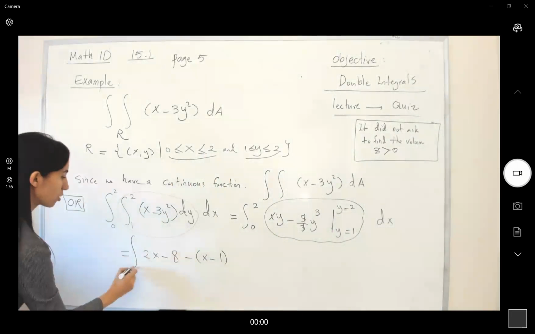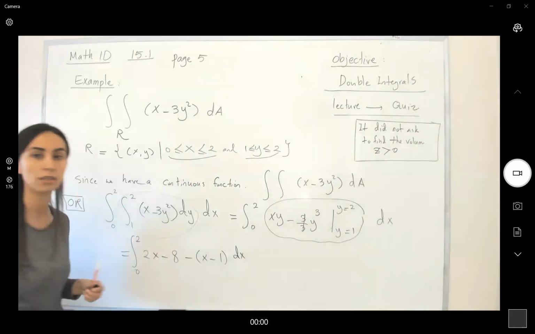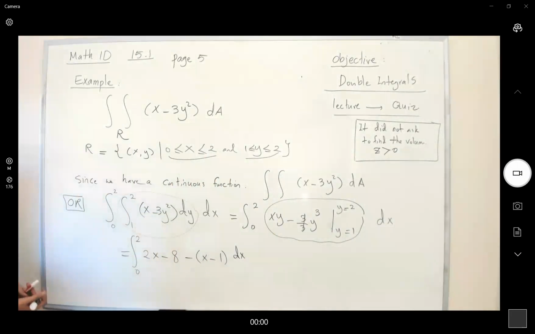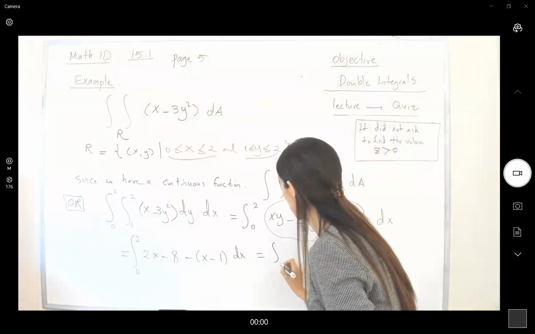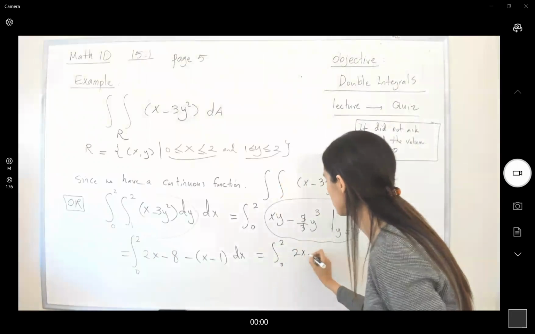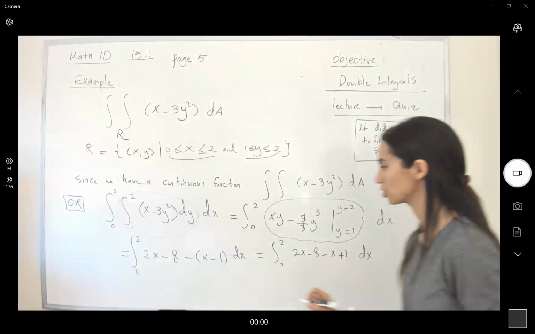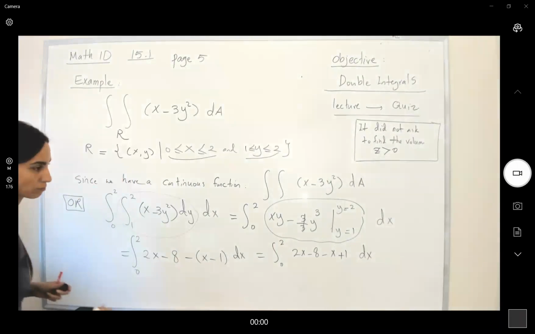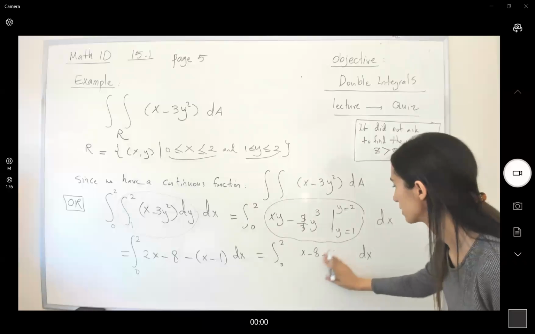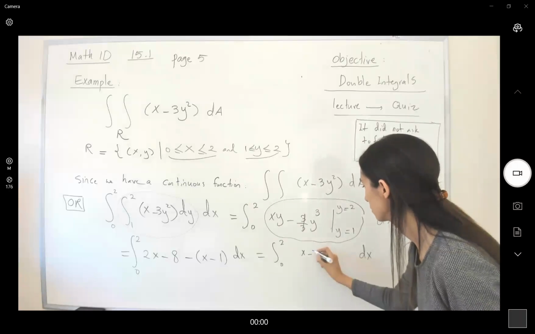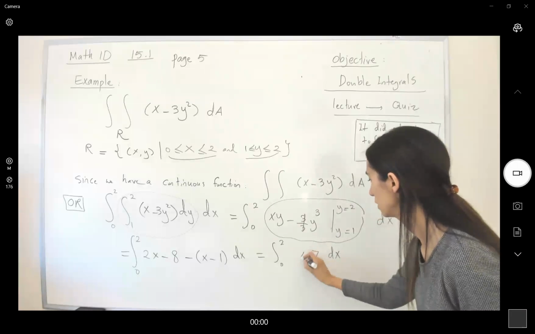This is the integral from 0 to 2 of this quantity with respect to x. Okay, I can simplify this. This is equal to the integral from 0 to 2 of 2x minus 8 minus x plus 1 dx, which simplifies to x minus 7 dx. Very well.